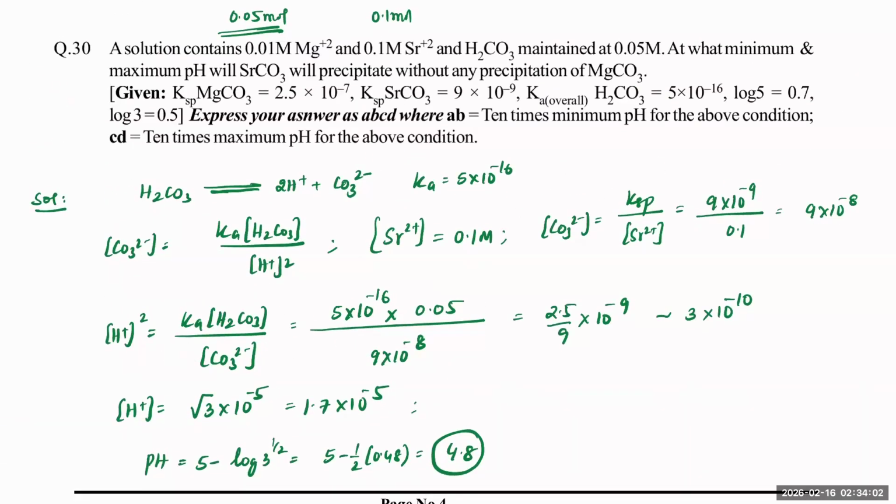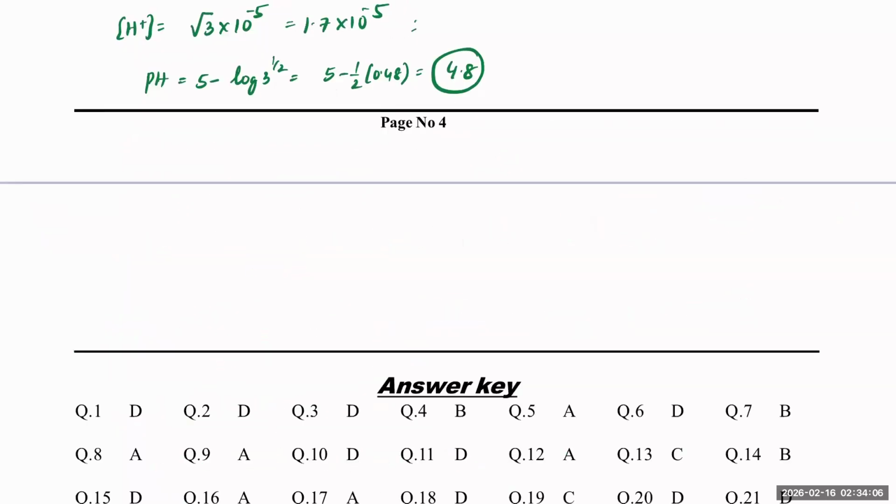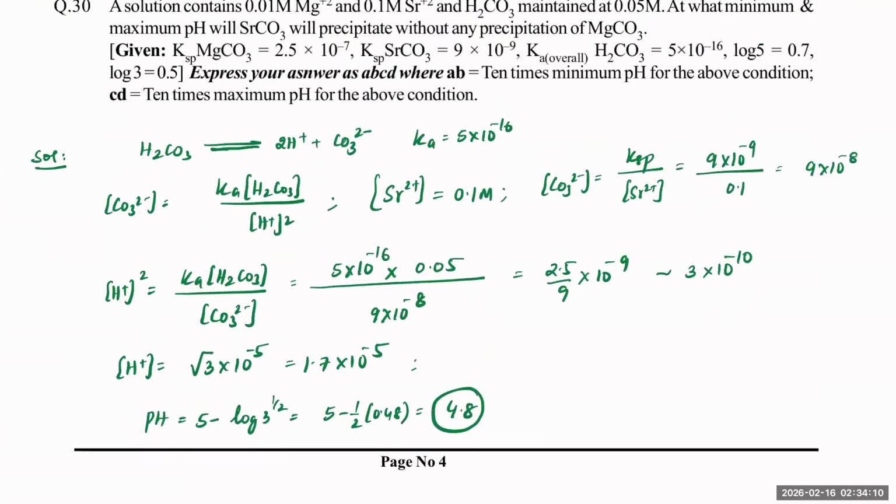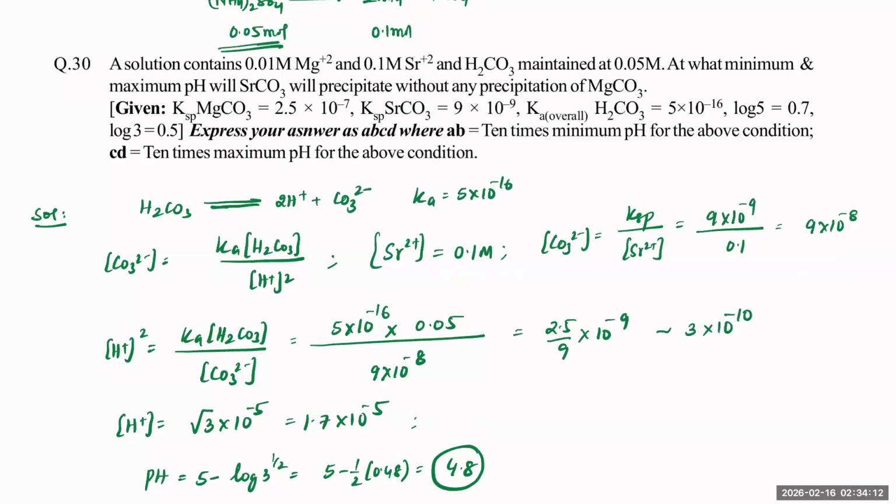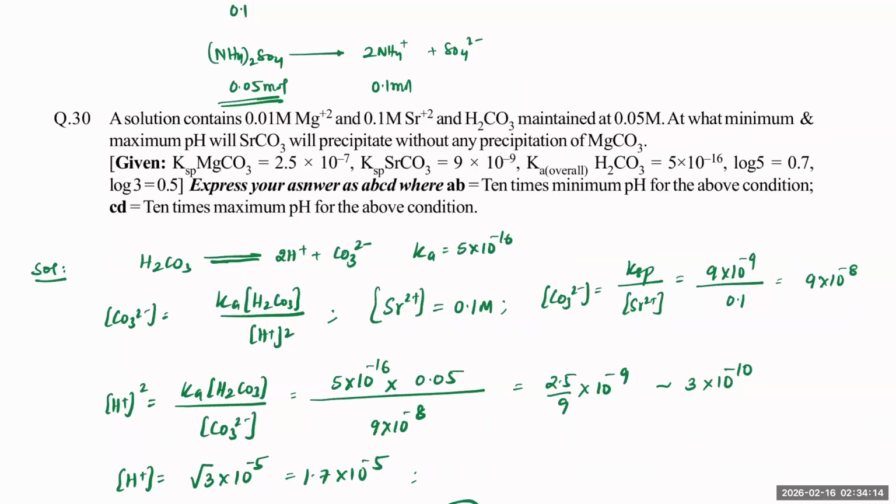Now what about the second case? The second case is when the pH is highest. For that, now you know what the carbonate concentration should be. In that case, we need to make sure that the Mg2 plus concentration is right, because at this point you'll have the maximum amount of carbonate ion. So this is the concentration of Mg2 plus we need to maintain.